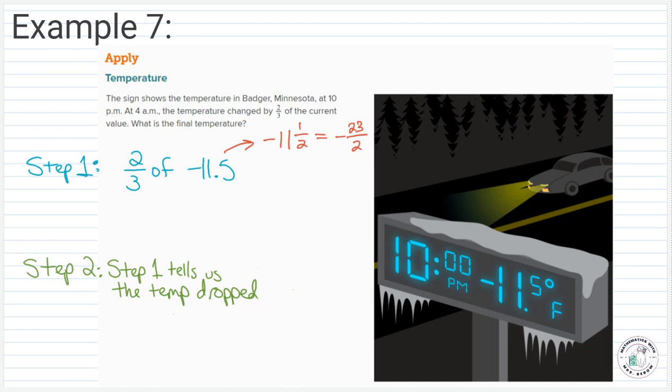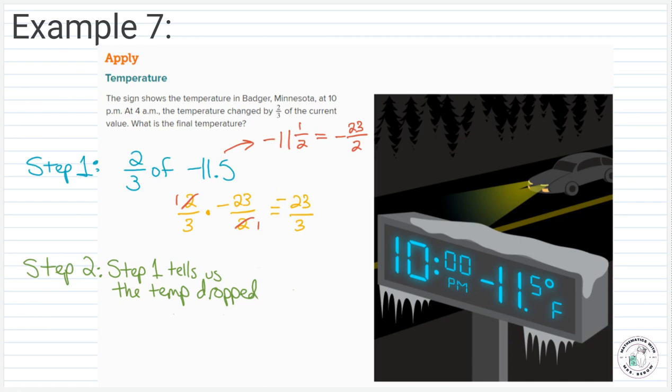So now working out the math there, we're going to do 2/3 of, so multiplying by negative 23 halves. We can cross cancel between the 2's. So those turn into 1's. And then this will be negative 23 thirds.